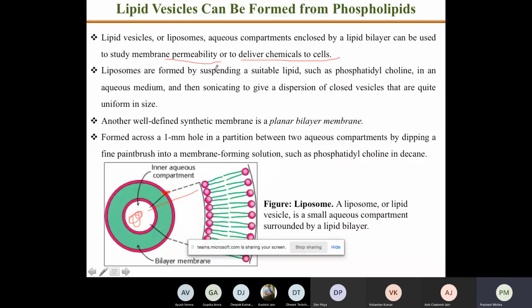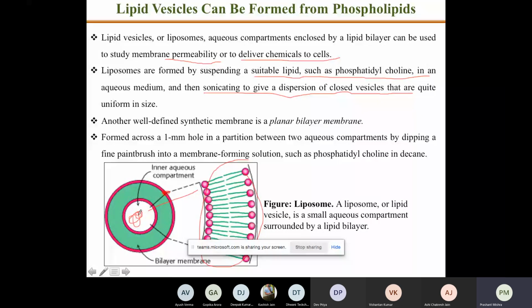The liposomes are formed by suspending a suitable lipid, such as phosphatidylcholine, in aqueous media, and then you just sonicate them to disperse them, and you will get these closed vesicles. These are more or less the same structure which we have talked about, a bimolecular sheet, but in a circular shape.